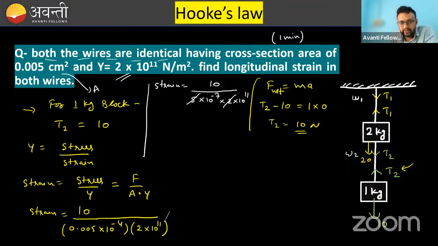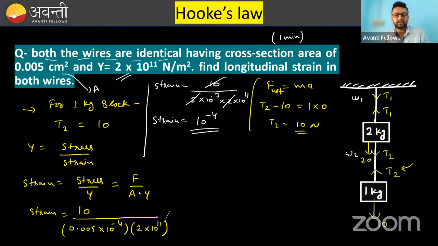This 5 into 2 will be 10 and 10 will get cancelled out. So strain will be, minus 7 and 10 raised to the power 11. After reaching in the numerator, it will become 10 raised to the power minus 4. And what is the unit of strain? It is a unitless quantity.